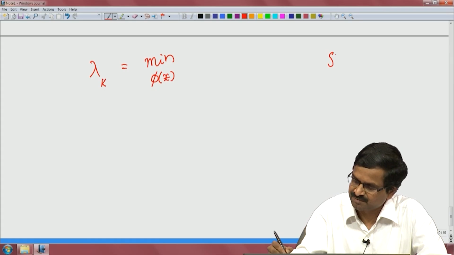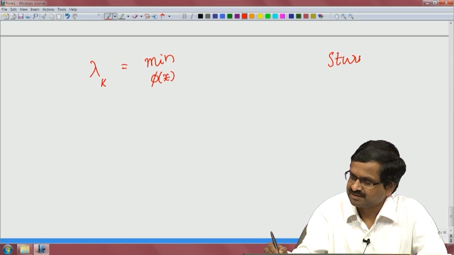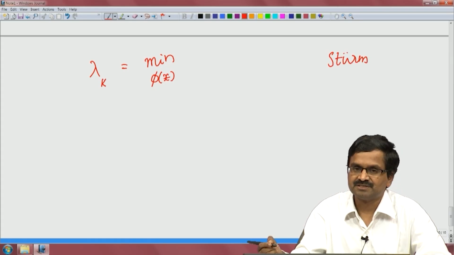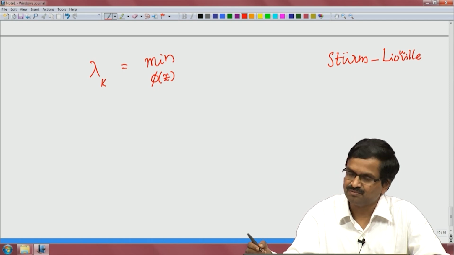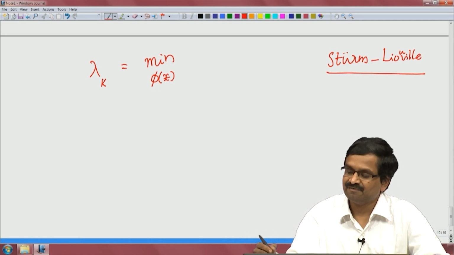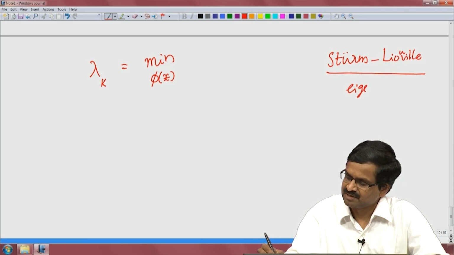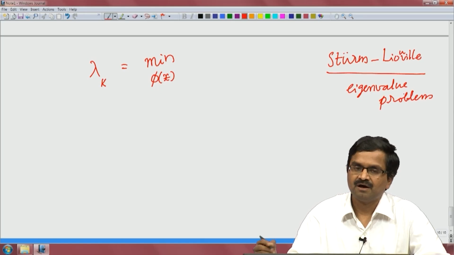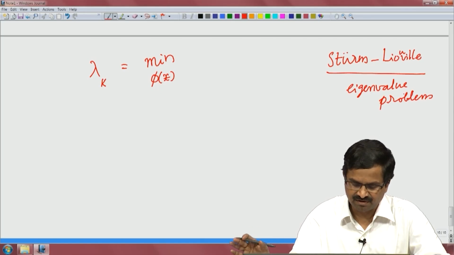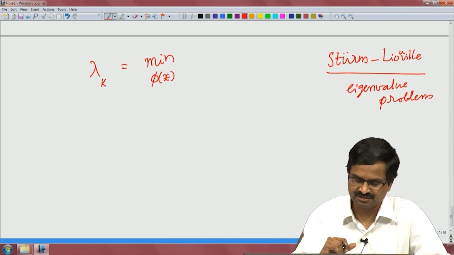Okay, let me write it because the spellings and pronunciations are different, Sturm-Liouville problems, or eigenvalue problems, that is easy to remember. In all of those cases we can derive this orthogonality of eigenfunctions and all of that, and then this minimum characterization theorem.